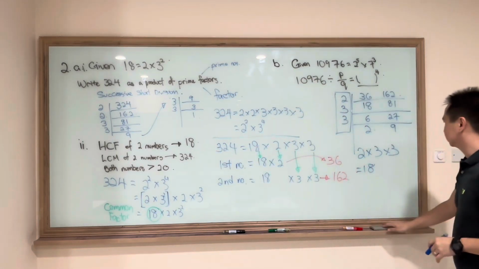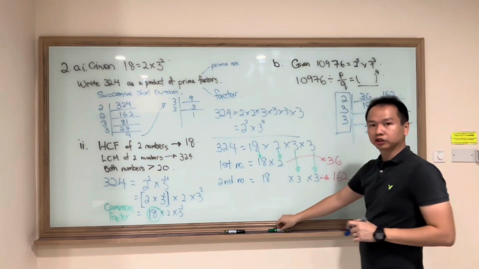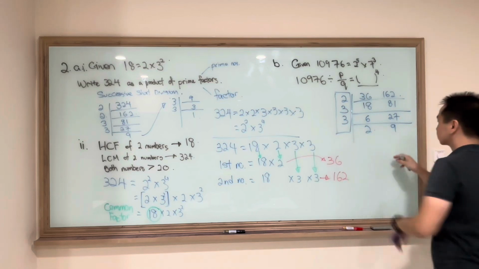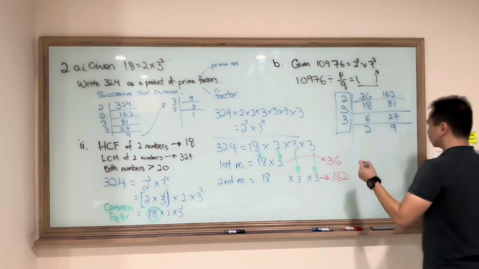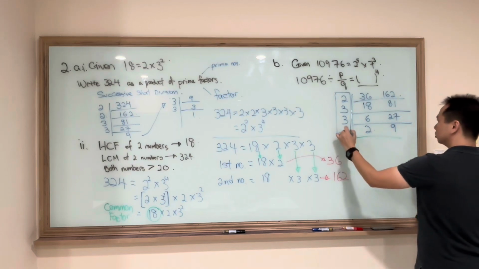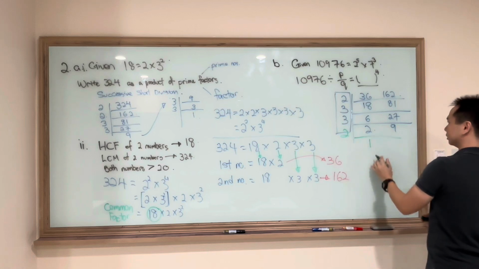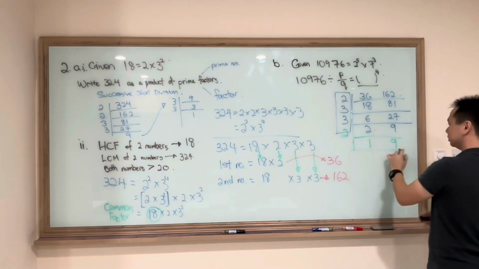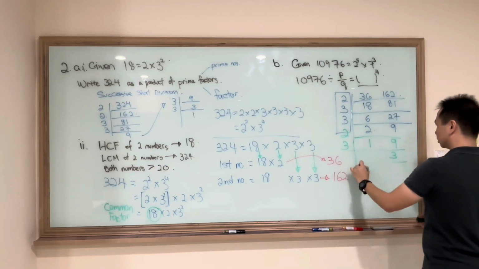What about the second one? From here, let's continue with our successive short division until both sides are equal to 1. This one we first divide by 2, so this one will become 1. This one is still 9. Then 9 divided by 3 will be 3. So this is 1.